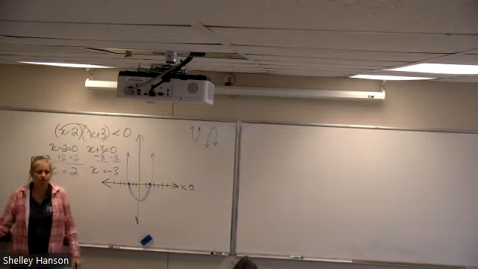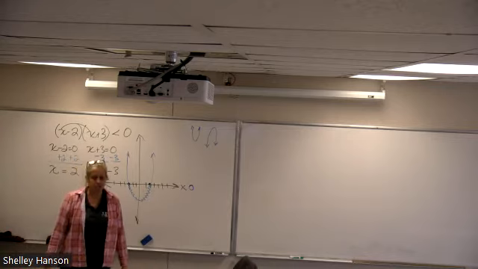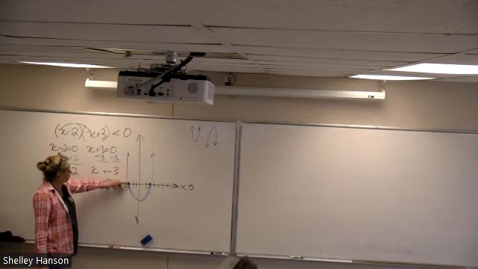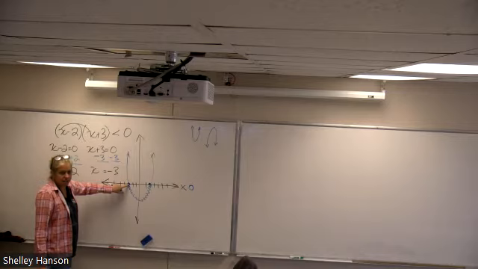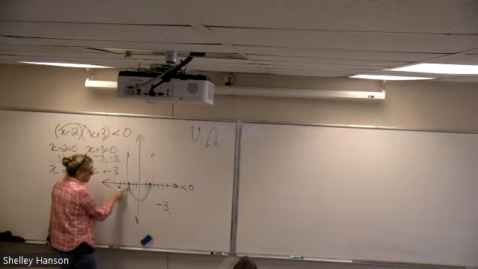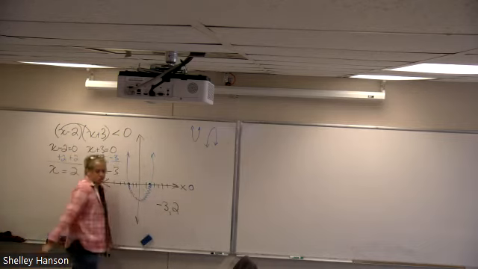That's the part of the graph that's below the x-axis. And it wants to know what is that interval. So where does it start being below the x-axis? Negative 3. And it stays below 0 until it gets to positive 2.